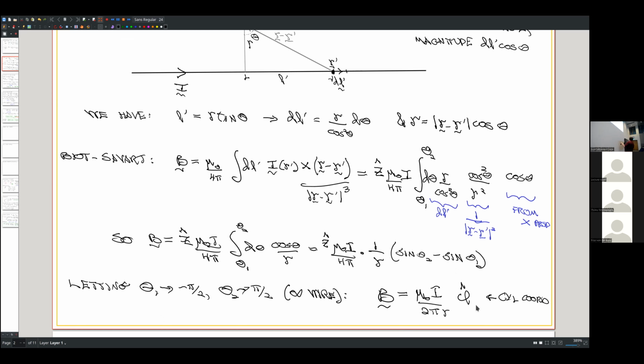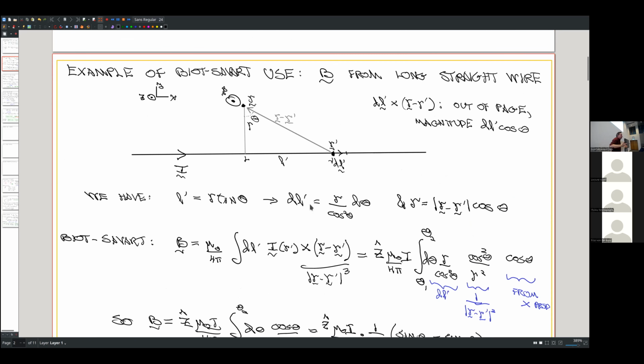It's in the circumferential direction around the wire. Okay, so this phi hat is just that one. Yeah, you see what I mean? So the one in the original picture coming out of the page here. Okay, so that's the way you would use Biot-Savart to do this.